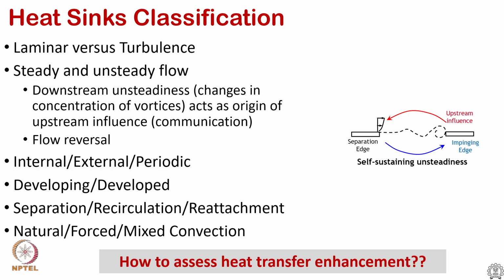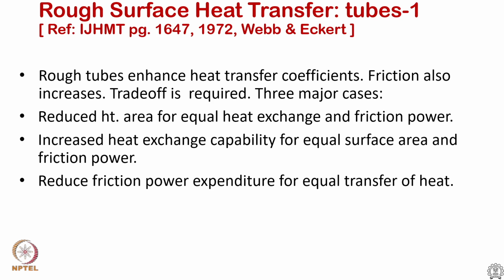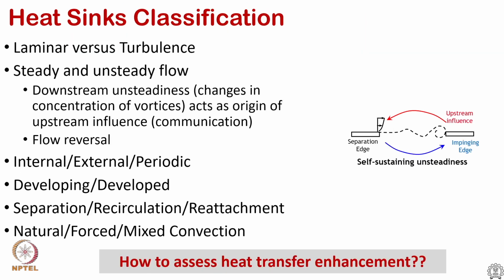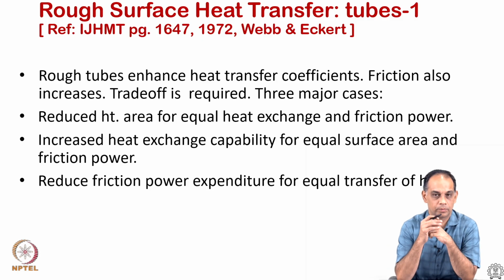So many classifications, so many ideas are there, and we will first discuss this idea of how to judge heat transfer enhancement, and we go back to the reference from Webb and Eckert in IJHMT, the International Journal of Heat and Mass Transfer, page number 1647.